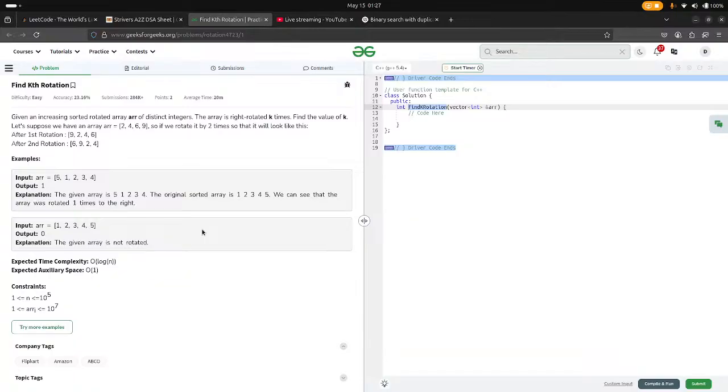So generally, what is my first approach? Times to the right.